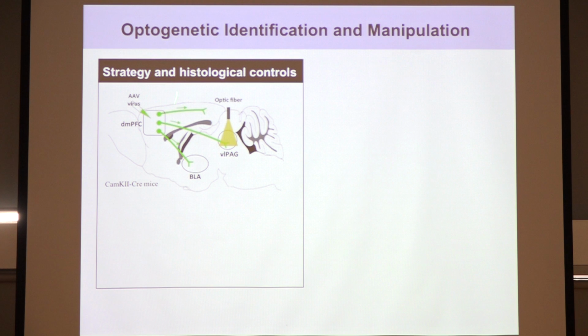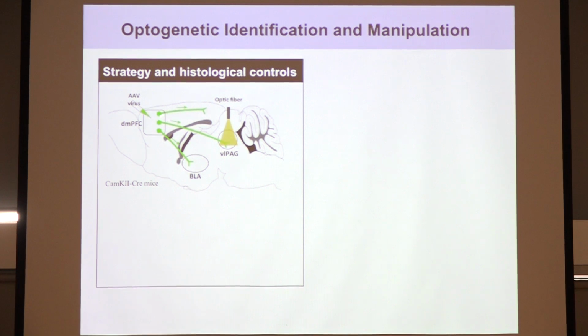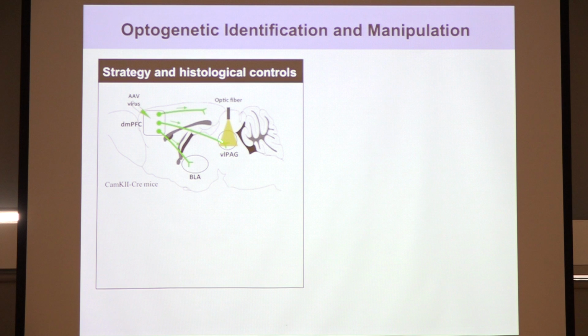From the mPFC, the two main regions involved in conditioned fear behavior are the basolateral amygdala or the ventrolateral PAG. For instance, if you perform electrical stimulation of the ventrolateral PAG, you induce freezing behavior. So there were potentially two structures to target, and we wanted to manipulate first the mPFC to the VL-PAG pathway.